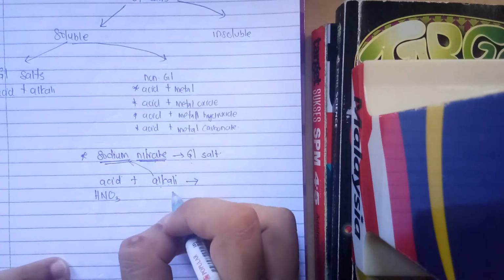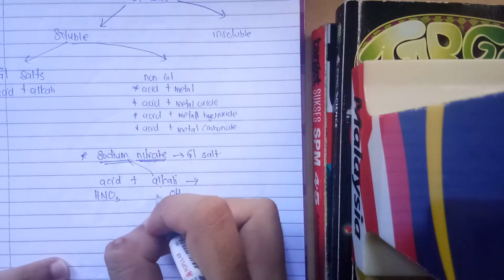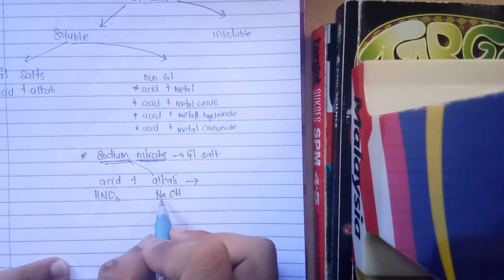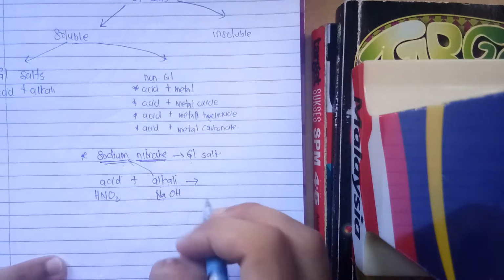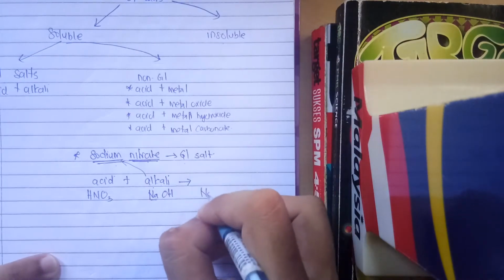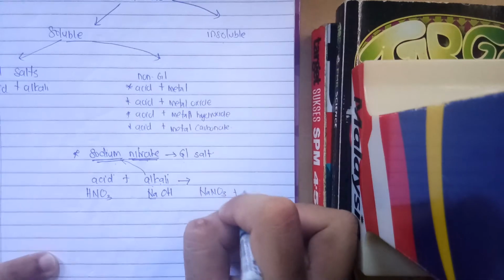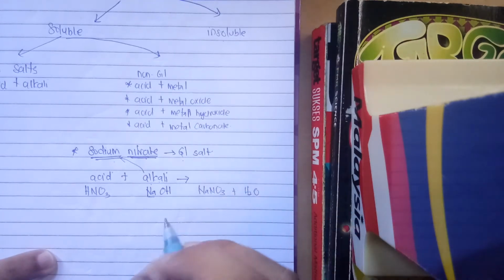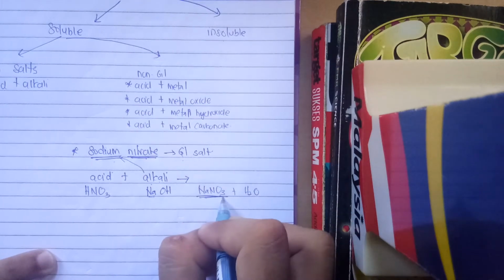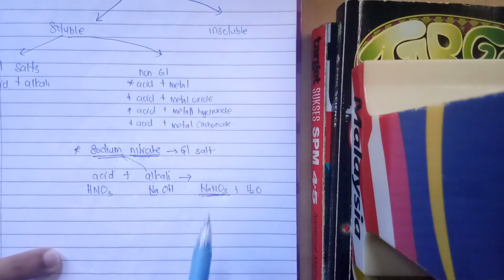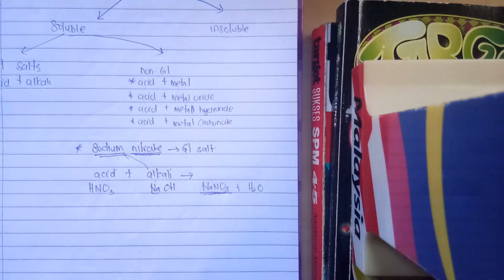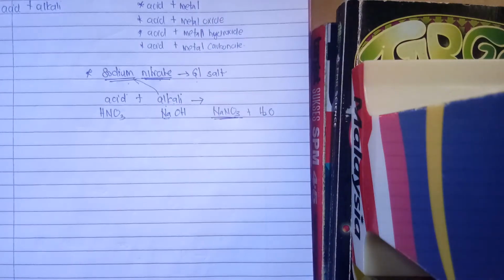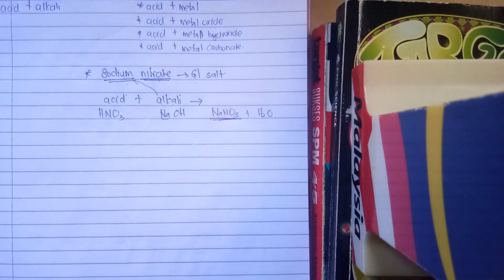Remember, an alkali must have OH, so you can use sodium hydroxide, which gives you the Na for the sodium. If you do the reaction, you will get sodium nitrate plus H2O. So here you get your salt, sodium nitrate, from the reaction between acid and alkali. From the name of the salt itself, you can already know what reactants you should use.